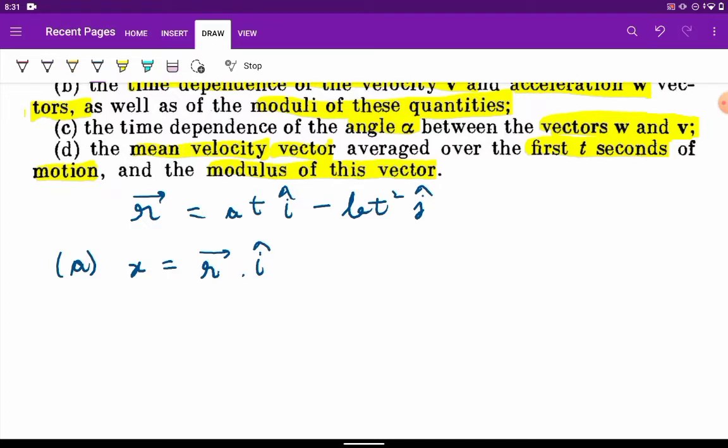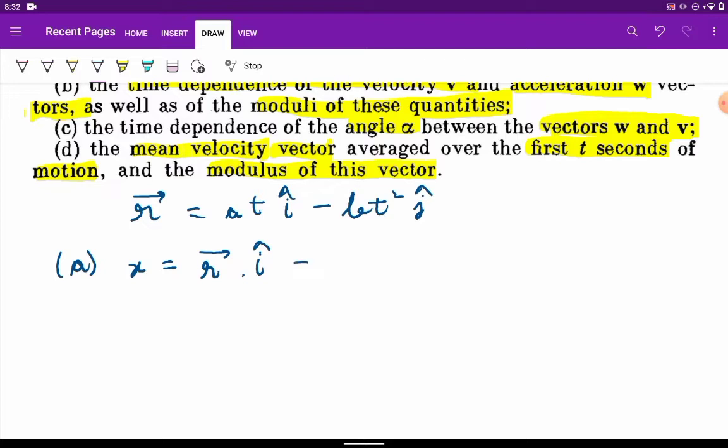The i cap is a unit vector in the x axis direction. If you do a dot product with a unit vector, it gives you the component of that vector in the direction of the unit vector. So we are getting the x axis component of r.